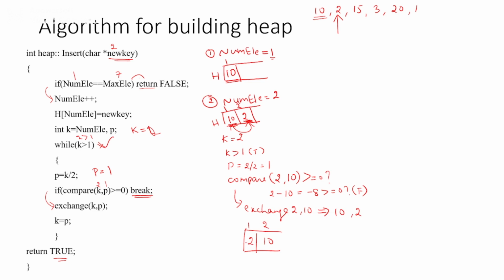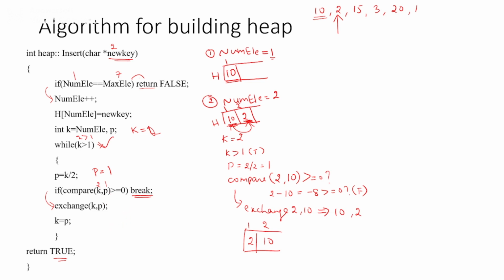So why is this step needed? Because always the parent should be smaller than the child. So when we are comparing, it is finding the difference. If the difference is a positive value, obviously the parent is smaller than the child.